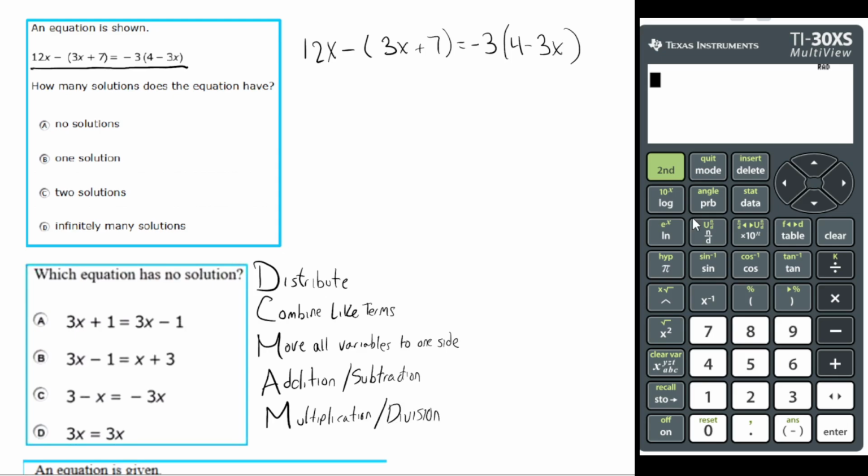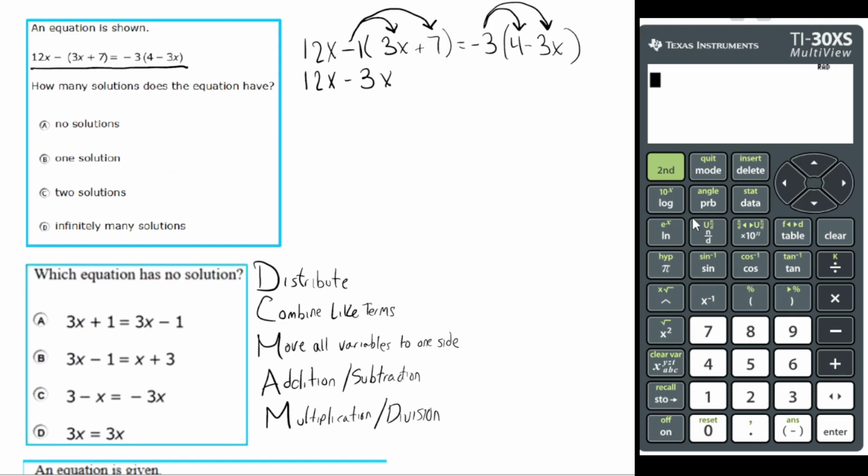Step 1, distribute. So the obvious thing here is that we have this negative 3 to distribute. The less obvious one is we have this negative sign right here. And this negative sign does have to be distributed to this parentheses. You can do it by multiplying by negative 1, or you could just change the sign of whatever's in the parentheses. So let's do that. 12x equals negative 1 times 3x would give us negative 3x.